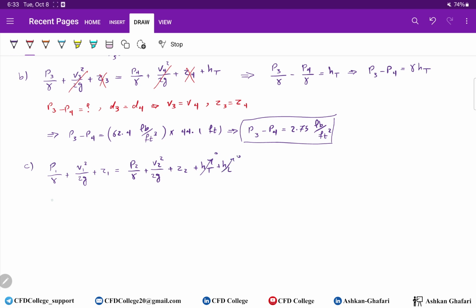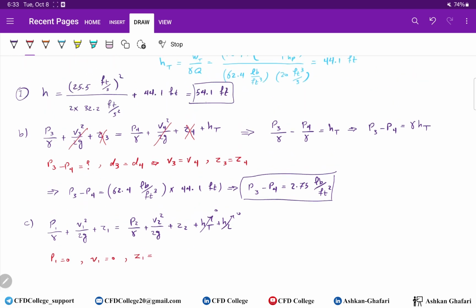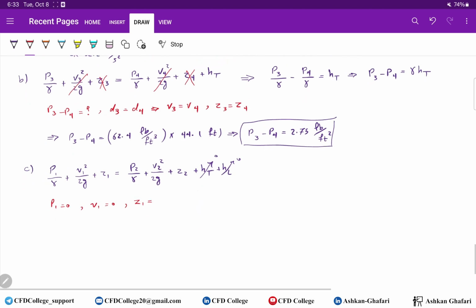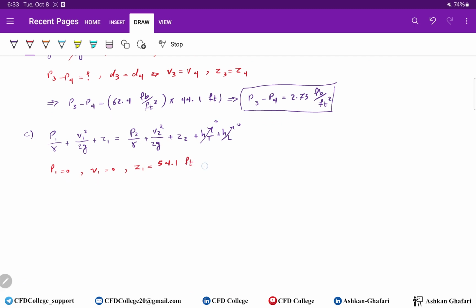So what do we know? At point 1, P1 is 0, V1 is 0, and we know Z1 equals H, and we calculated this as 54.1 feet. Z2 equals 0, so this term is 0, and we also know P2 is 0 because it's atmosphere.